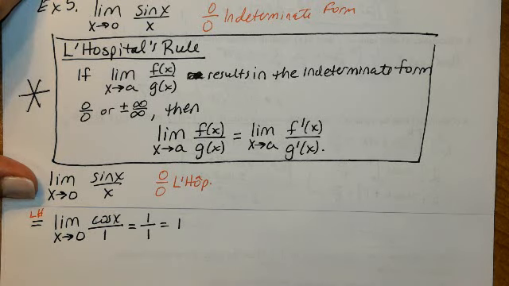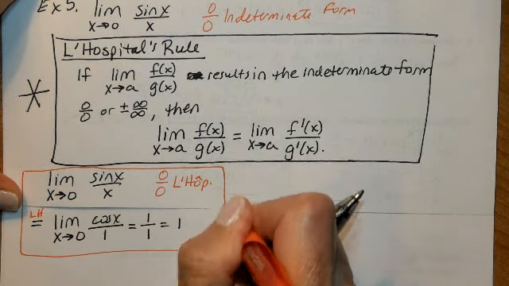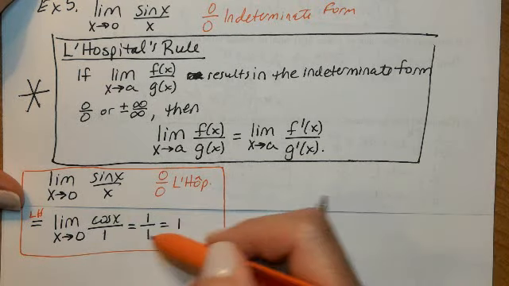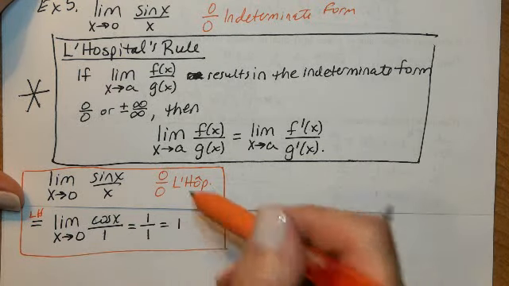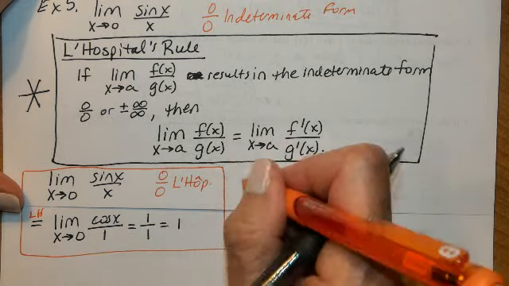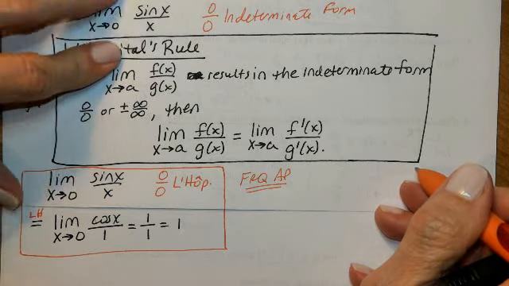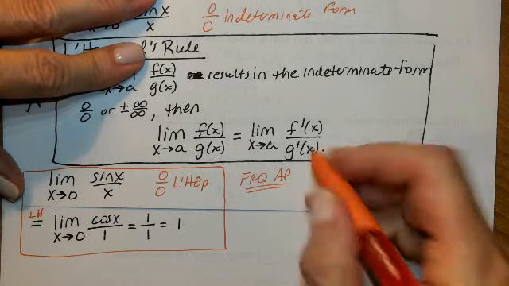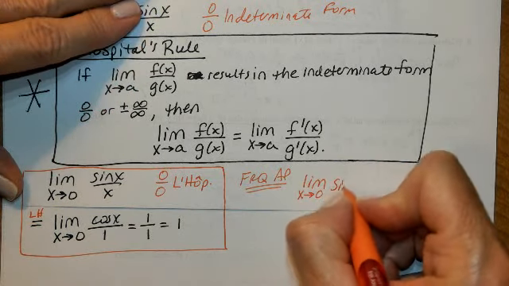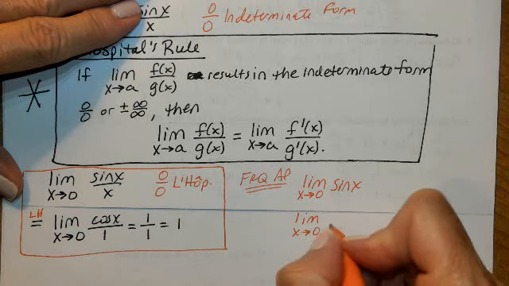Now one more thing. This is great work to show for Mrs. Murray, for my tests, homeworks, and quizzes. This is not enough to show for AP. If this was an FRQ on AP, they need to see two things. They need to see the limit as x approaches 0 of the top, and the limit as x approaches 0 of the bottom.